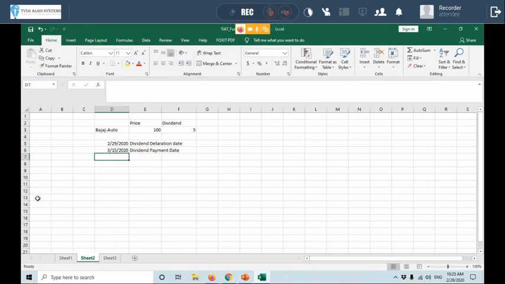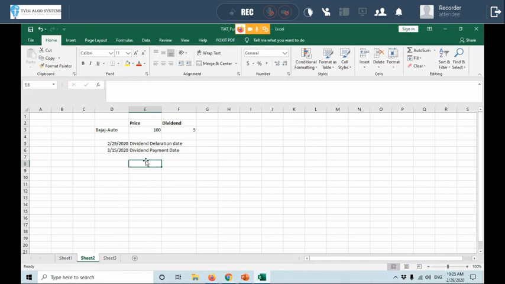Perfect. So on Monday, when the stock market opens, just think what will happen to the stock price. Expected to go up by. Exactly. The stock price is expected to go up by a certain amount.